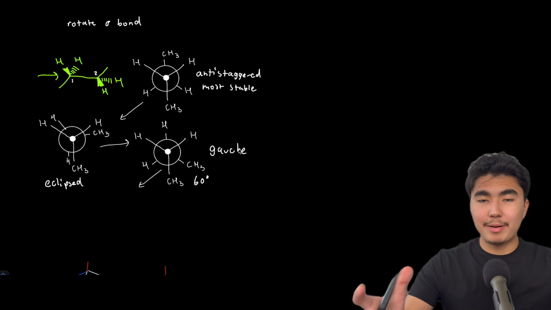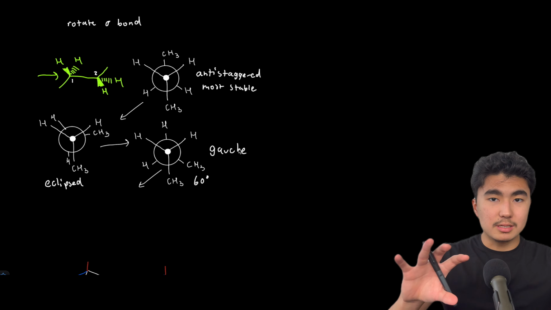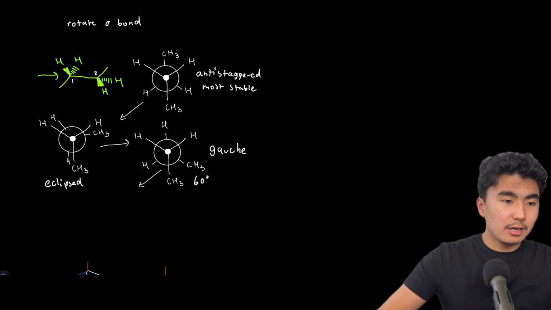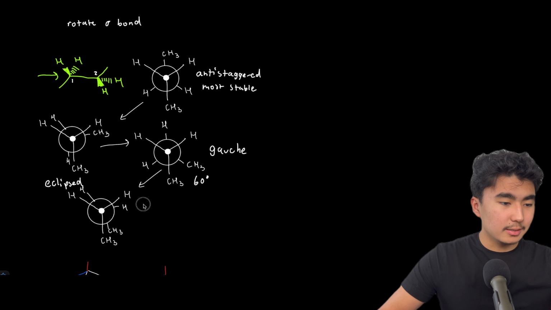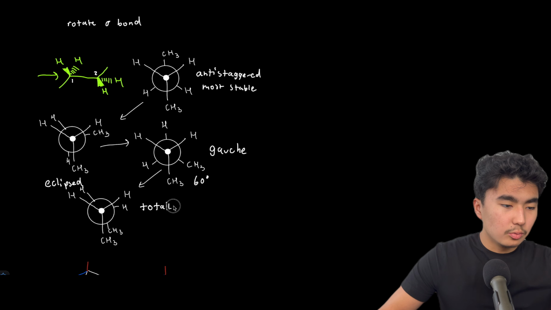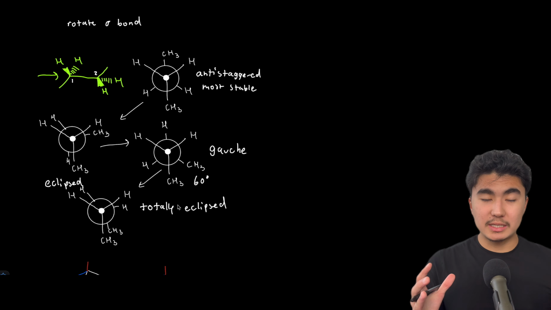Remember, we're only moving the back carbon, because that's the only sigma bond we can rotate. And our last conformation, which is the least stable, is the totally eclipsed. As you can see with the totally eclipsed, these bulky substituents are the closest that they could be to each other.